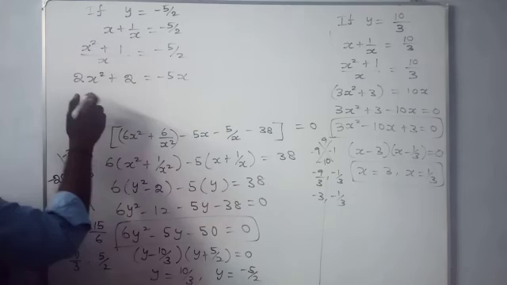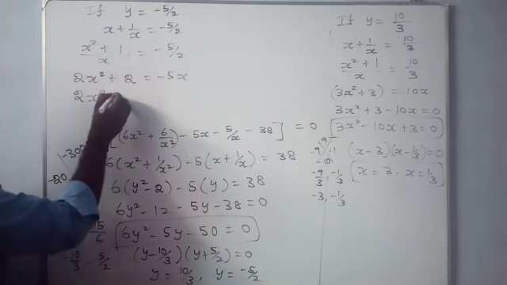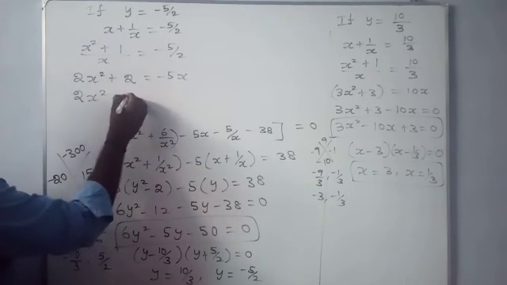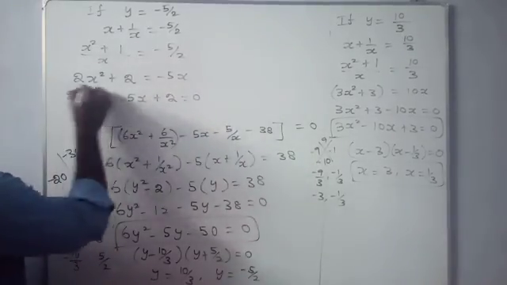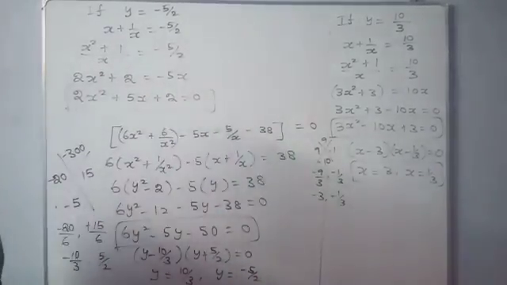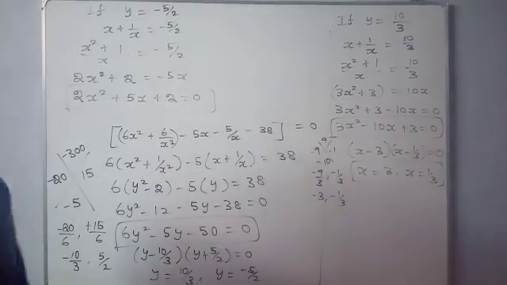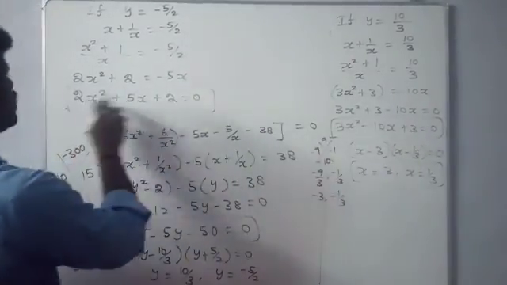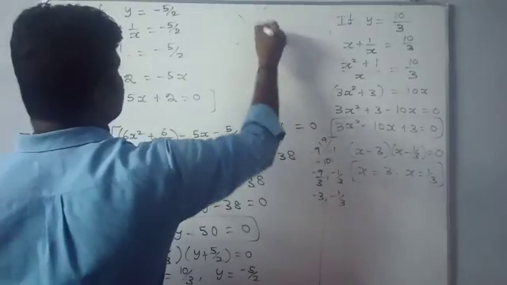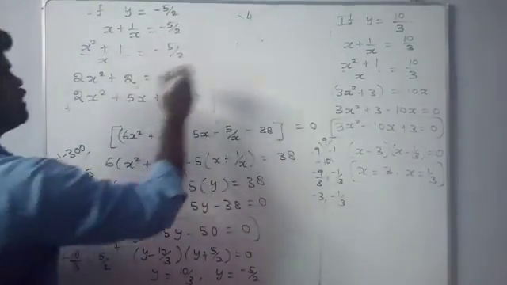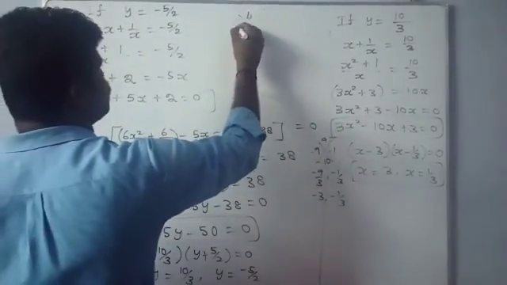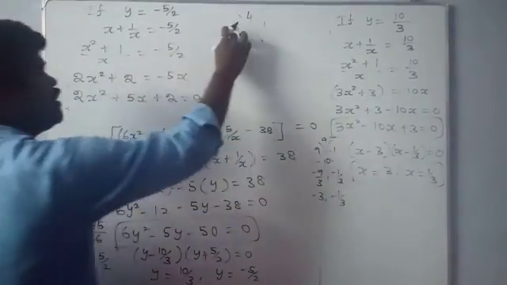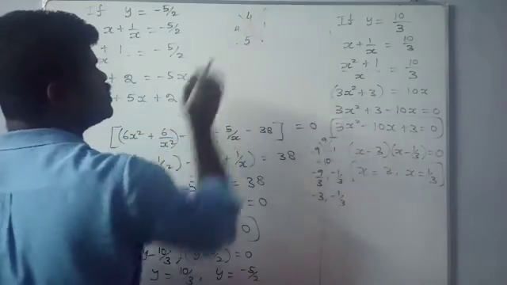And we want to change it, 2x squared, minus 5x comes to this side, plus 5x plus 2 equal to 0. This is also a quadratic equation, and we want to solve it. The multiplication factor is 4 and the addition factor is 5. So what are the roots? 4 comma 1. Multiply 4 into 1 is 4, and add these two terms.